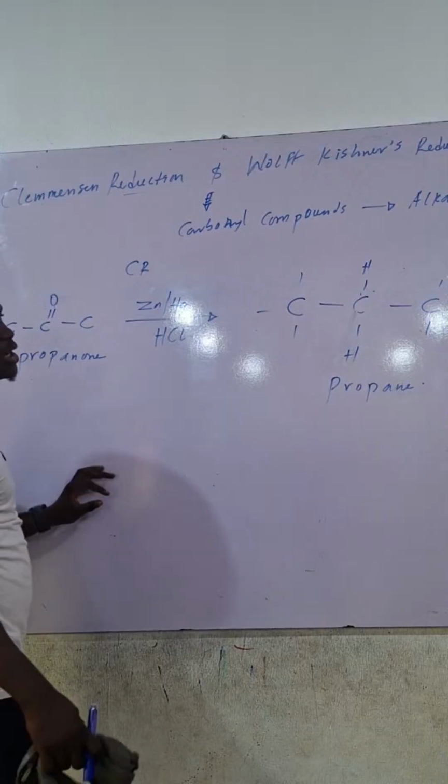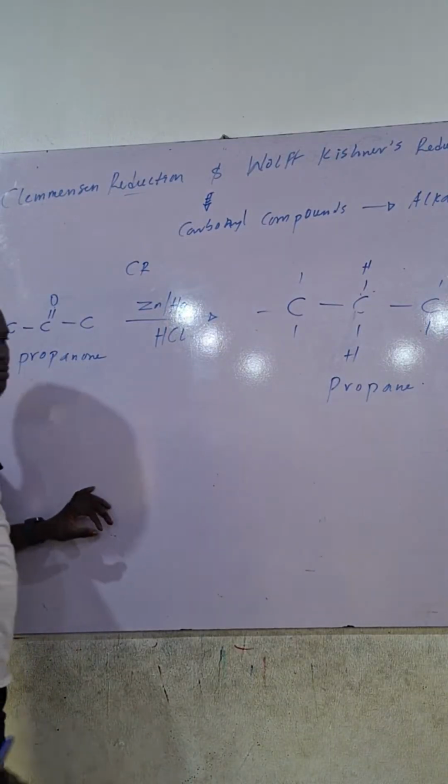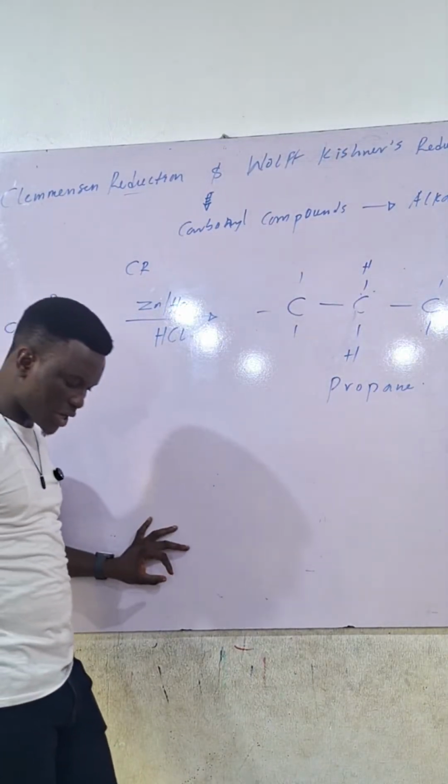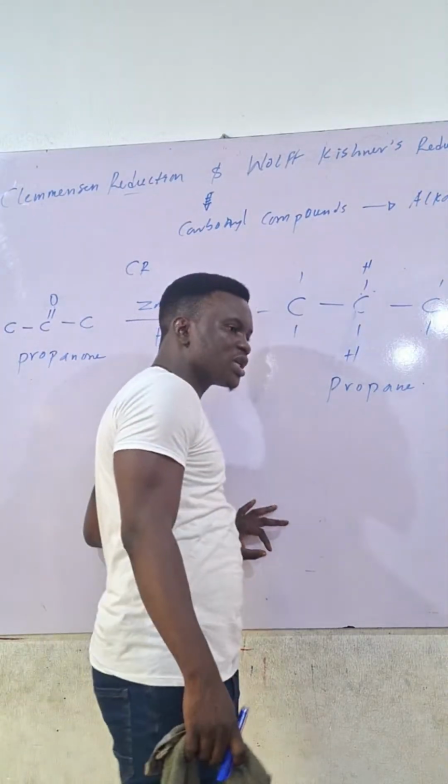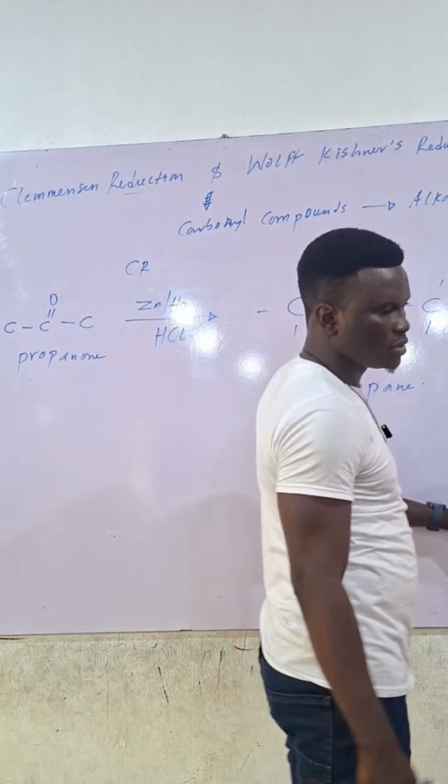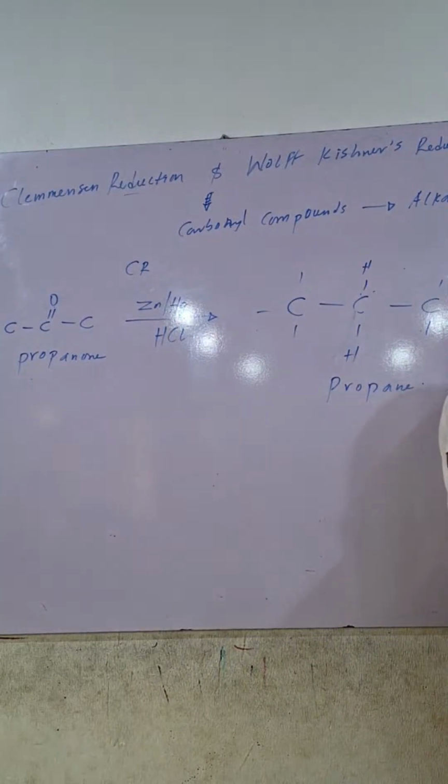It looks like Lucas reagent, which is zinc chloride in HCl. So Clemmensen's reagent is zinc amalgam in HCl. Then Wolff-Kishner, that is hydrazine, H2N-NH2. It's the same reaction for both of them. It's just the reagent that is different.